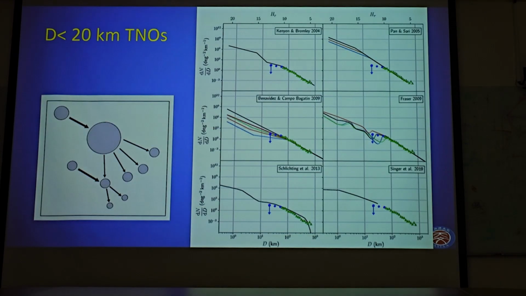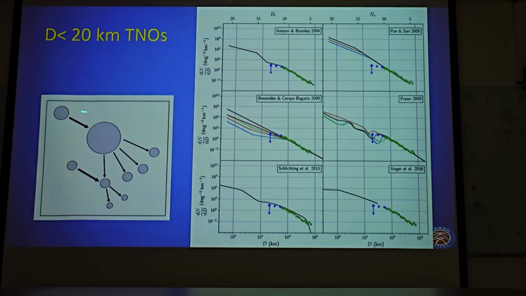Yeah, so why are we interested about the size distribution of small TNOs? We were curious about the process of accretion and then erosion and collision process during the formation of the solar system.